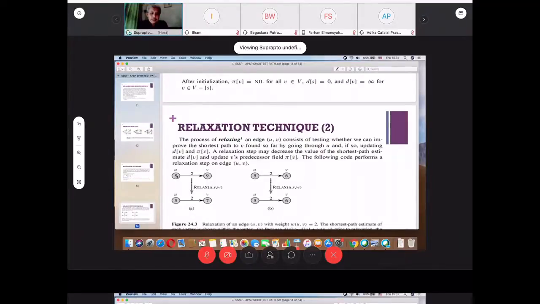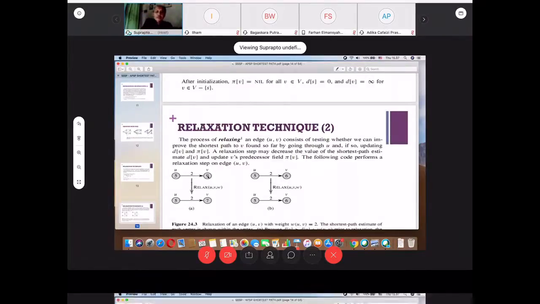What does the label mean? The label is inside the circle of the vertex. This is one edge from u to v with the weight of 2.